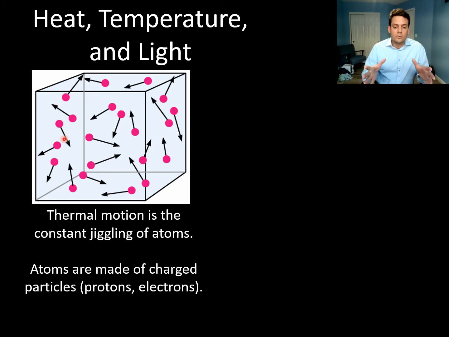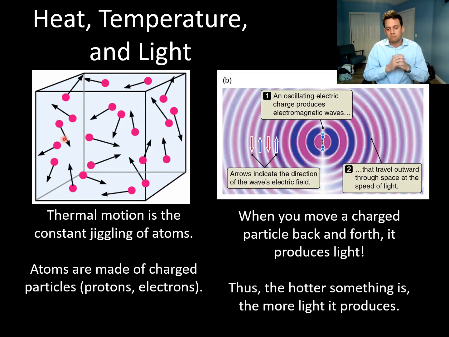Now, as you know, atoms are made of nuclei, these positively charged nuclei, thanks to the protons, and these negatively charged electrons. Since we're not at absolute zero, since we're at some finite temperature, we've said that all of the particles are jiggling around. So if you think about a star, a plasma, or any atom, you have these charged parts, both the electrons and the protons in the nucleus, which are jiggling around due to the thermal motion.